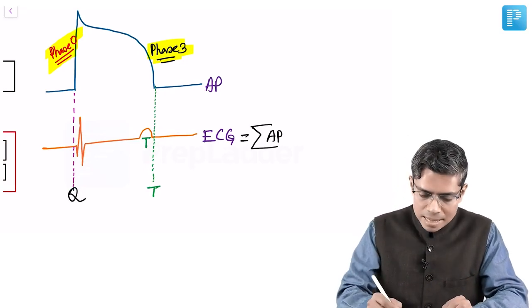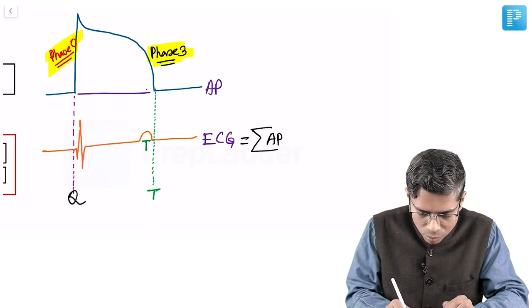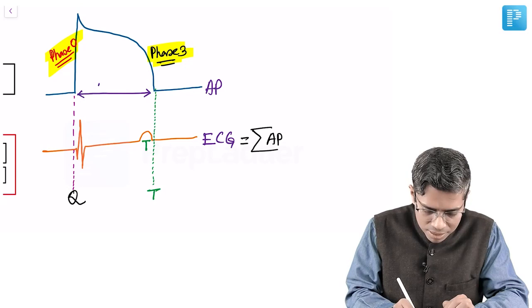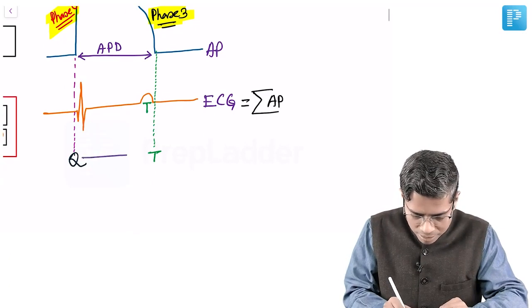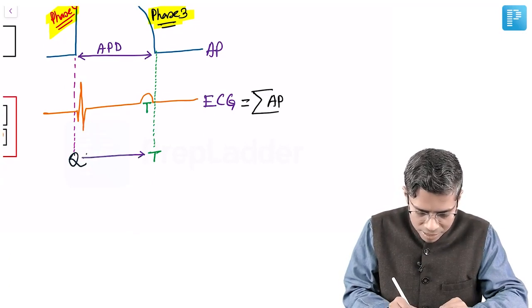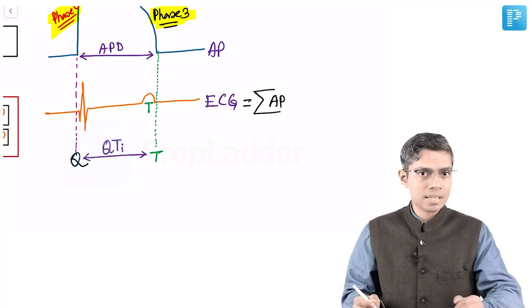That means if I measure the time duration of this whole action potential, known as the action potential duration, it will be the same as the time interval between Q and T, which is known as the QT interval. Answer is yes.